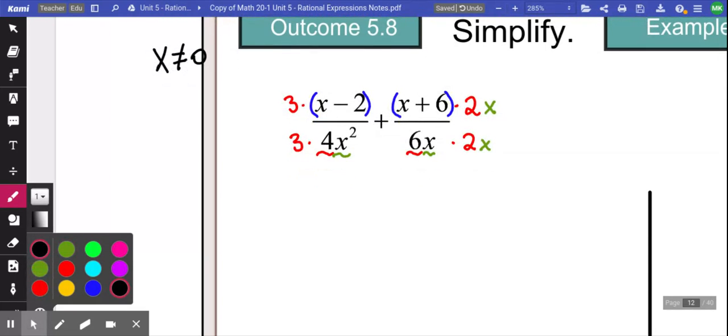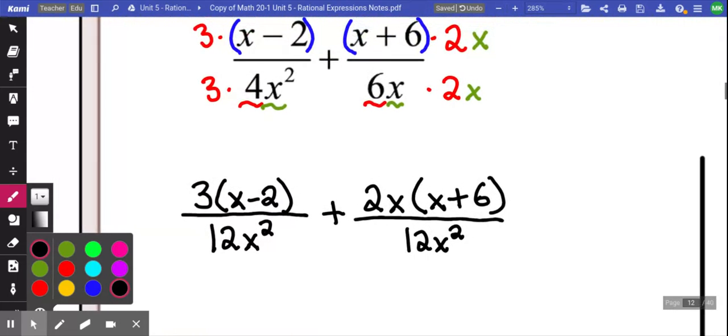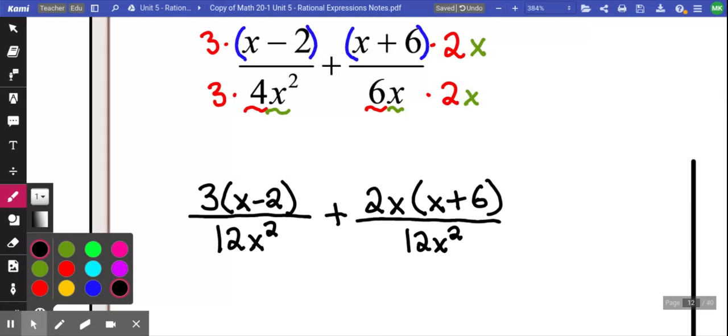All right. I now have 3 times x minus 2 on the top of this binomial divided by 12x squared. The second binomial is now 2x times x plus 6 divided by 12x squared. Ta-da! Okay, my goal was to get a common denominator so that I could then add the tops together so that I had one fraction.